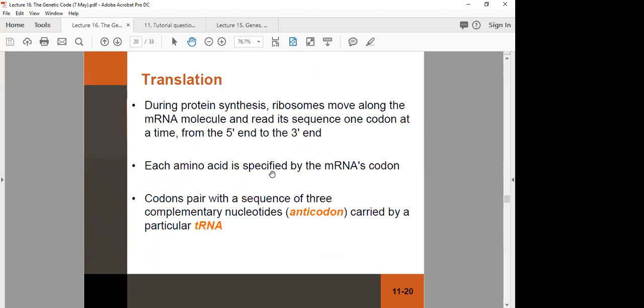Each amino acid will be specified by the messenger RNA's codon, as we just saw, according to that genetic code, that table. Each codon found in the messenger RNA will pair with a sequence of 3 complementary nucleotides called an anticodon. And this anticodon is found on a different type of RNA molecule called a transfer RNA, or simply tRNA.